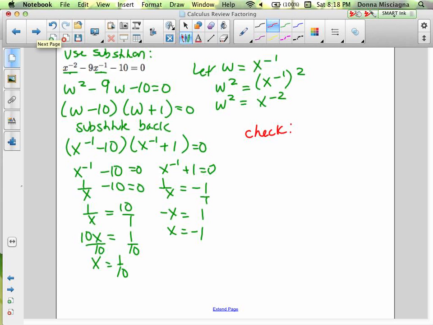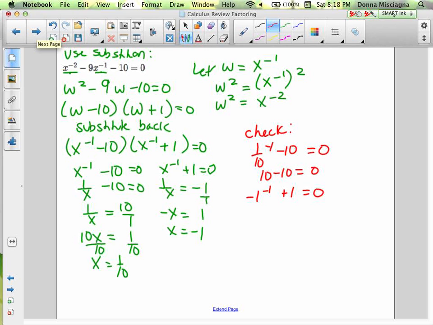But if we check, I have 1/10 to the negative 1 power minus 10. Does that equal 0? Well, 1/10 to the negative 1 power is 10, minus 10. Yup. And the same thing here. Negative 1 to the negative 1 power plus 1 equals 0.